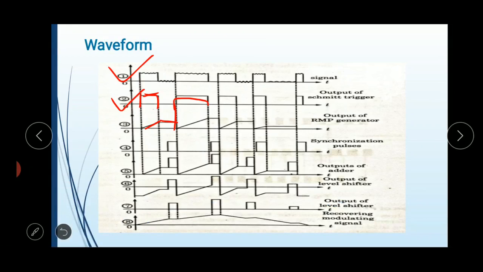Then the synchronization pulse generator produces reference pulses with constant amplitude and pulse width. So here you can see the pulses generated by the synchronization generator.